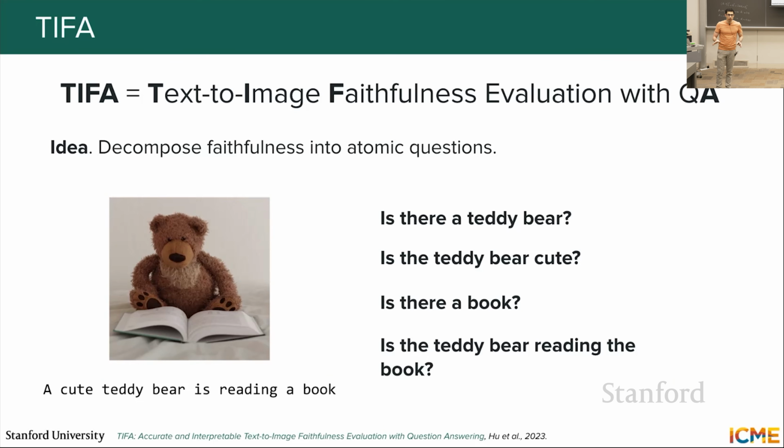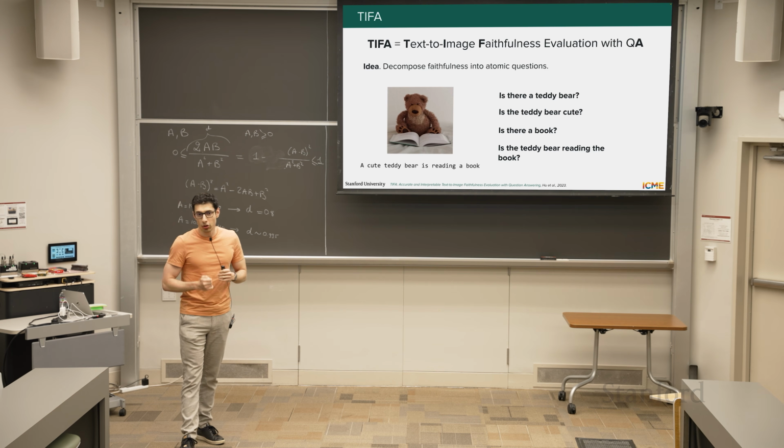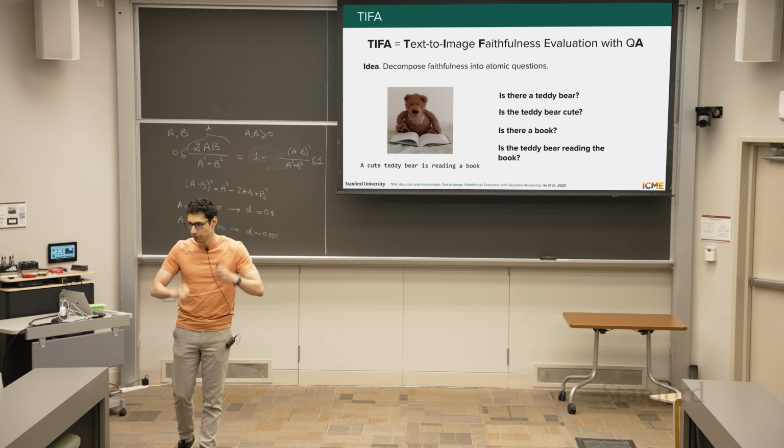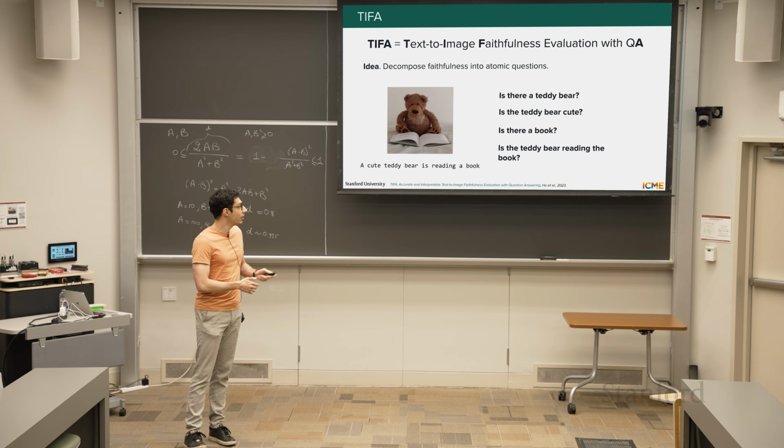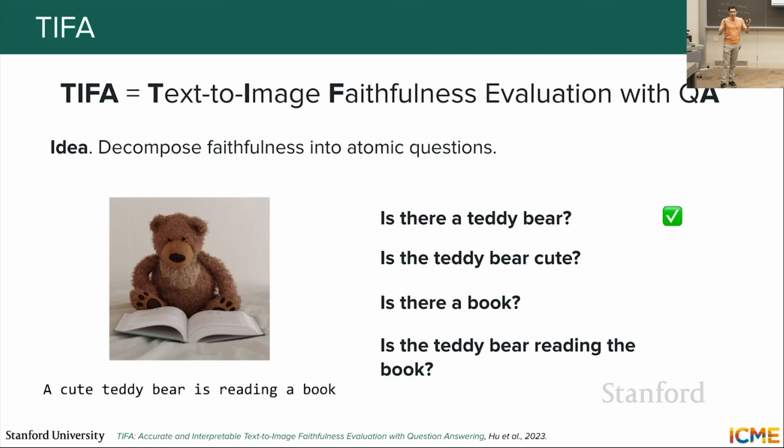And these questions are very simple. They're just yes or no, or things where the answer is obviously right or wrong. So that way you decompose the judging into dimensions that are quite quantitative. And what you do is that you take an MLLM to assess each of these dimensions independently.